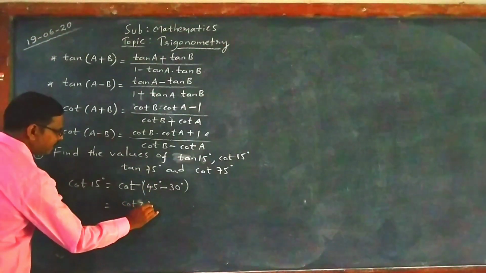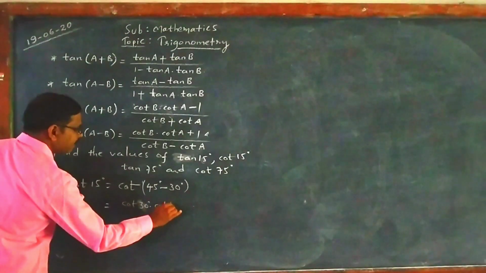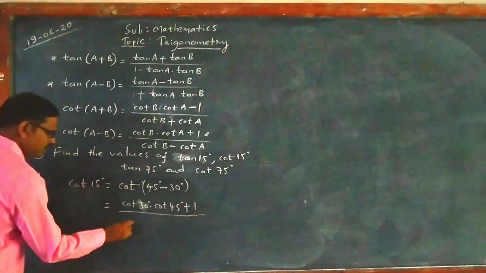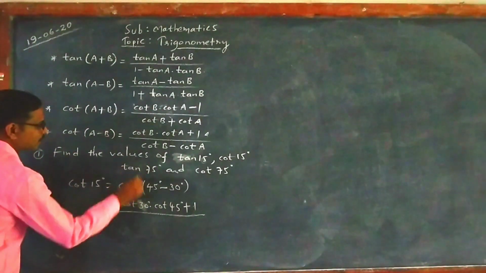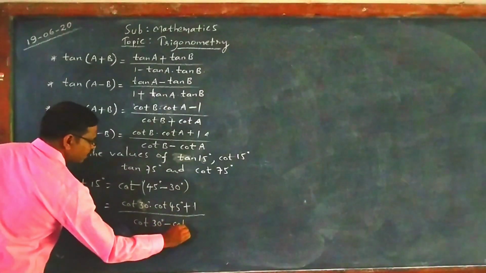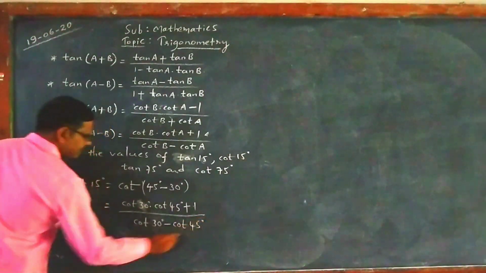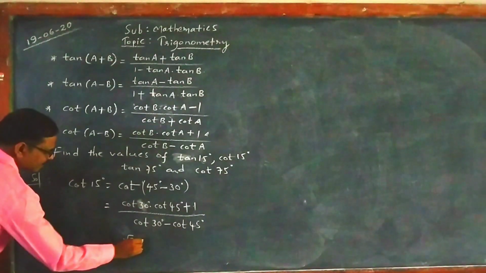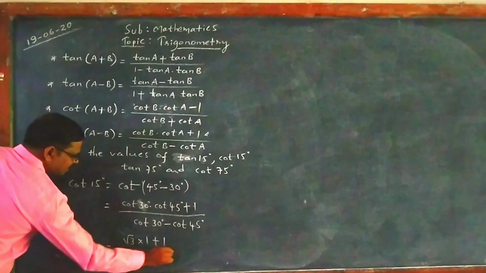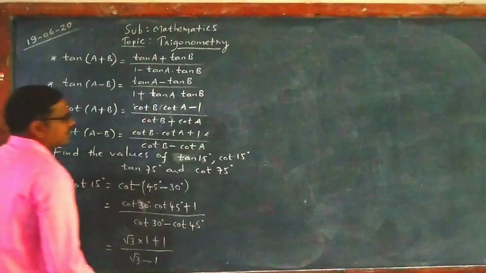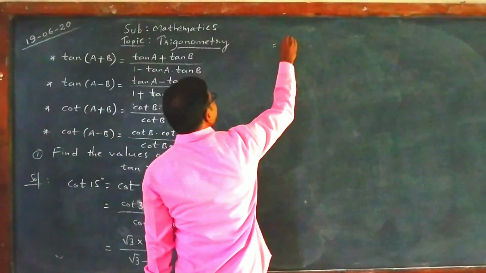So cot b, cot a plus 1 upon cot b minus cot a. What is the value of cot 30? Root 3. Cot 45 is 1, so 1 plus 1 by cot 30, root 3 minus 1. So what did I get here?